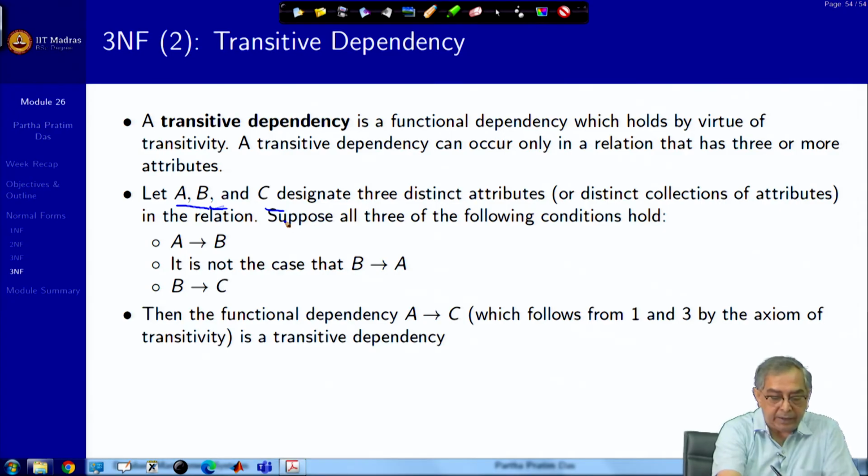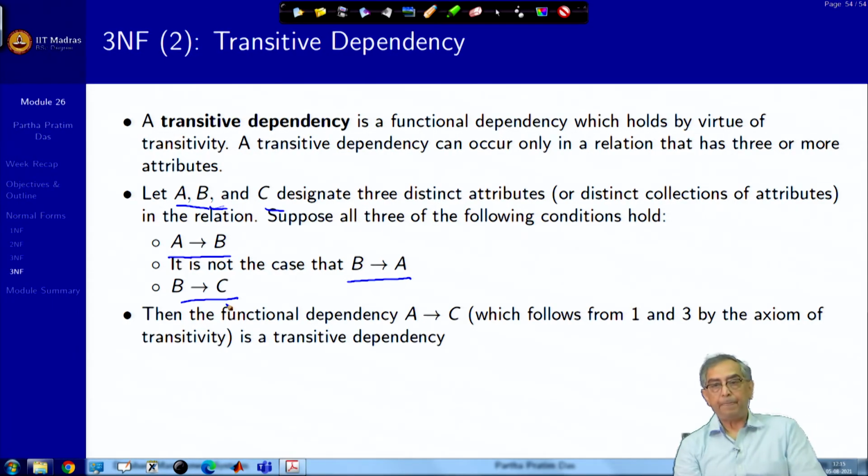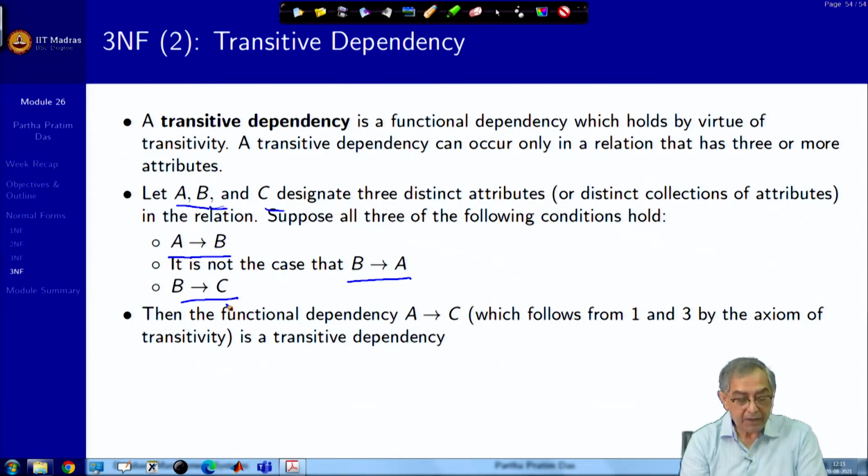Then let us say that A determines B, B does not determine A, and B determines C. Then the functional dependency A determines C, which comes from the first and the third by the transitivity of Armstrong's axiom, is known as a transitive dependency. Right.